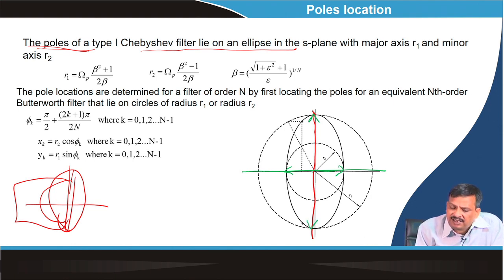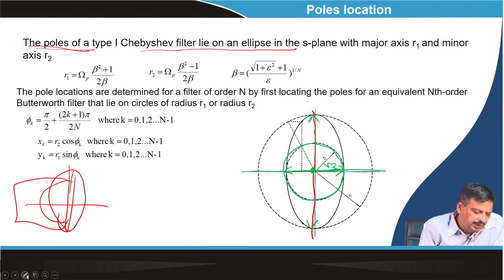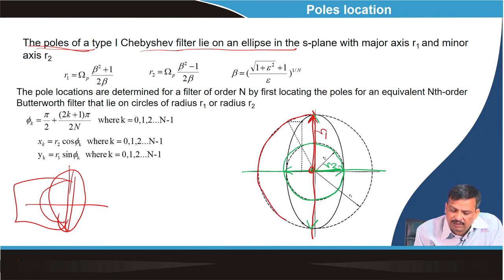So, if I take R2 as a radius I can draw a circle. Similarly, I can take R1 as a radius and draw a circle.